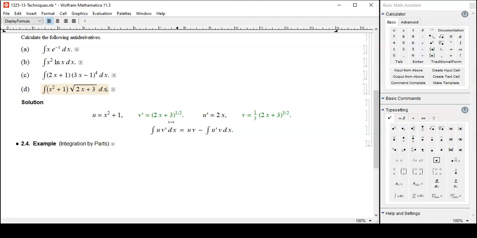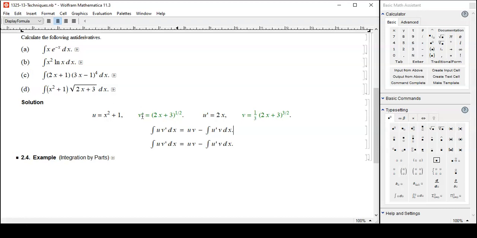Okay, next, let's put everything into the integration by parts formula. What's u, v prime? u is this, v prime is that, so let's just copy and paste.